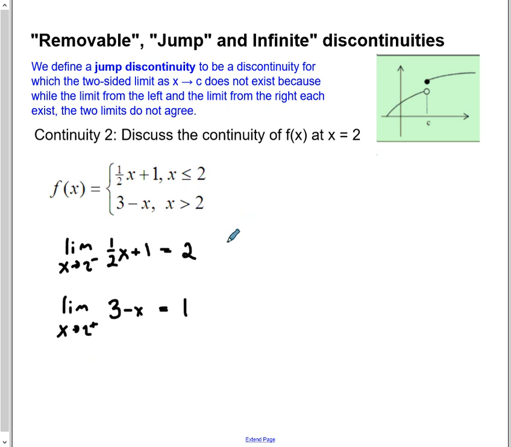Since these two don't agree and they go to two different values, our limit as x approaches 2 of f of x does not exist, and we say that we have a jump, as illustrated in the graph, a jump discontinuity.